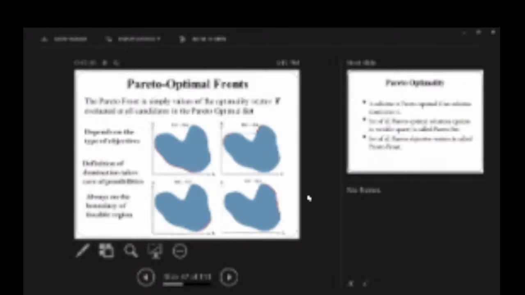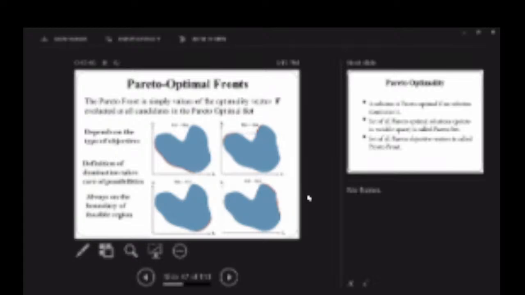In general, for simple visualization, suppose your objective region or objective space is like this. Now for different pairs of functions, maybe max-min or min-max, what is the general Pareto front representation? If both are minimizing objectives, then the lower envelope, towards the origin, gives you the actual Pareto front.